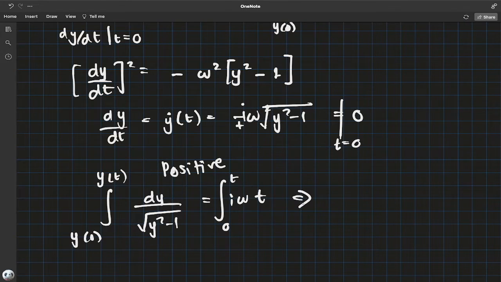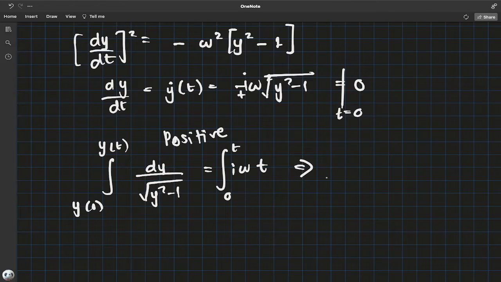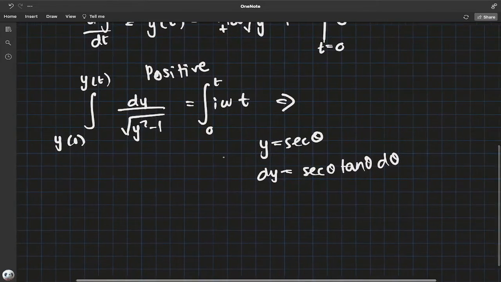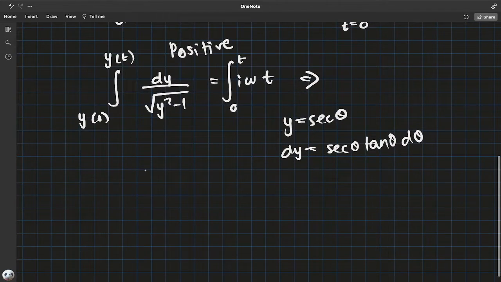So this just transforms into, and if you want you can do a trigonometric substitution, y equals secant theta, so dy is secant theta tangent theta d theta. You can do that substitution, forget the upper and lower bounds for it, we can resubstitute later.